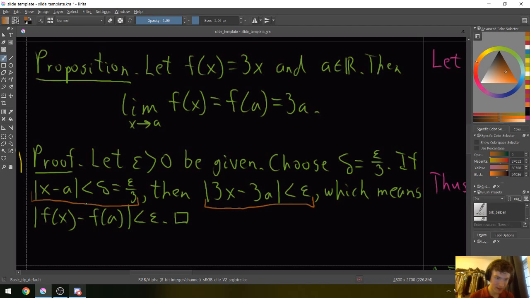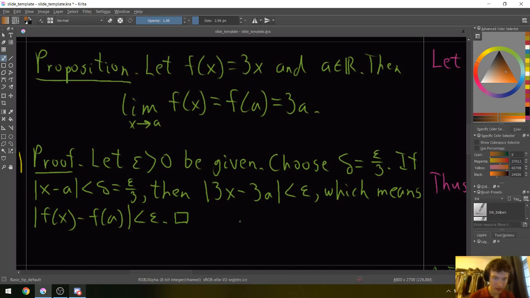So it's an algebraic reason, but if the first statement is true, can you tell me why this deduction is valid? Well, this is just a case of multiplying by 3. Yeah, good. So simply multiplying both sides by 3 turns the epsilon over 3 into epsilon and moves the 3 inside to give us 3x minus 3a.